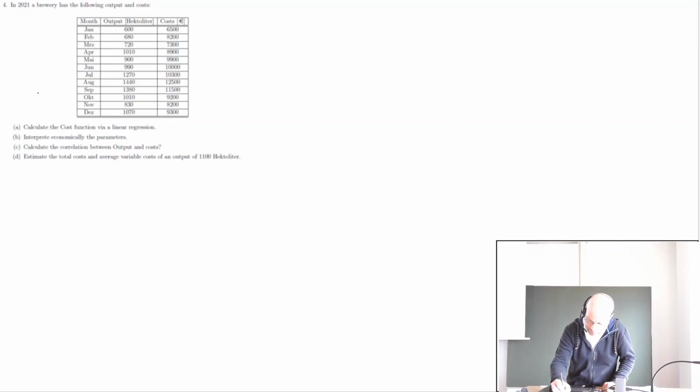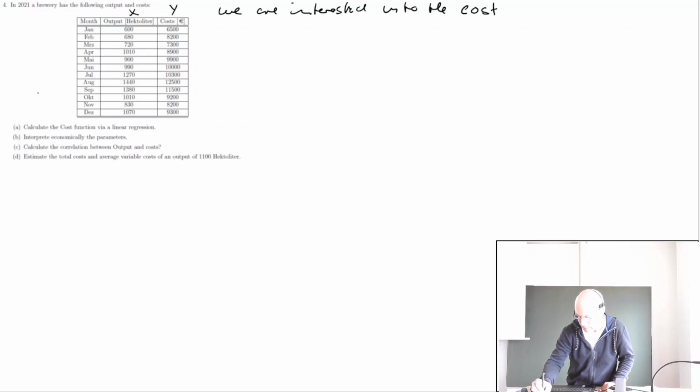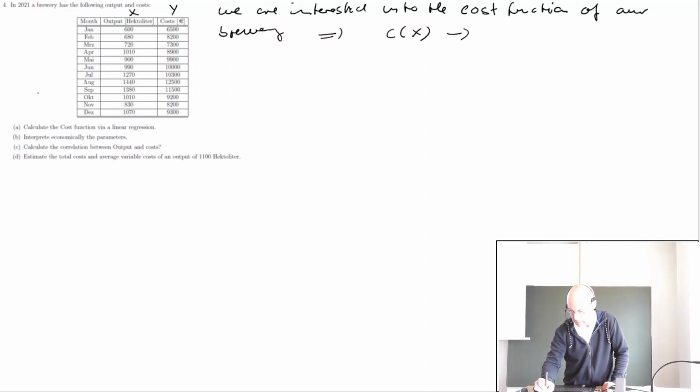So this is just our cost function. This should be y and this should be x, and we are interested in the cost function of our brewery. So what we want is c of x in functional form.